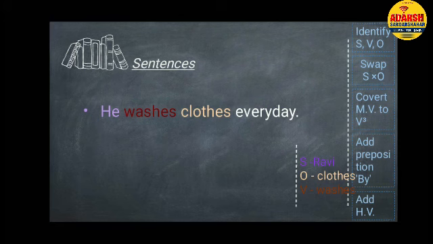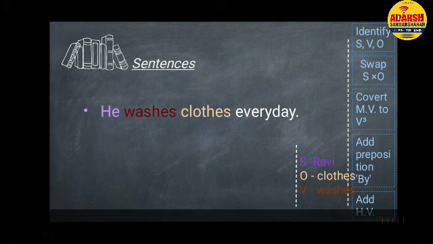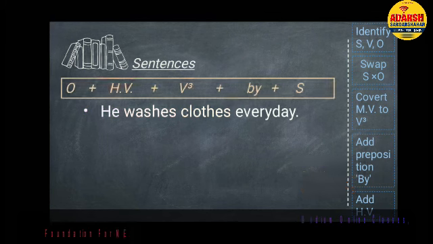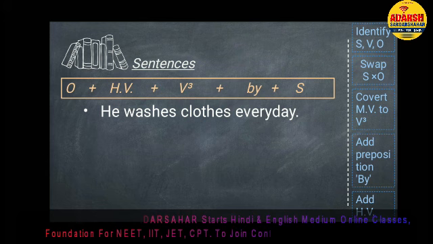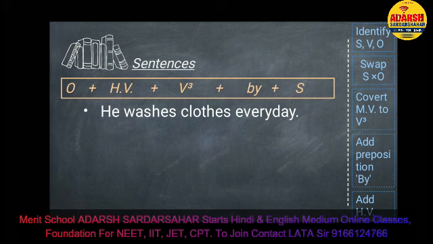Now, let us revise our structure again, which is object plus helping verb plus verb's third form plus by plus subject. Now let us replace subject with object and object with subject.